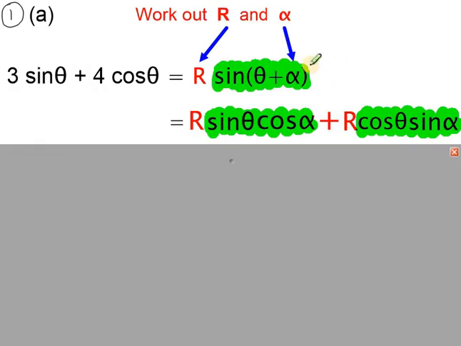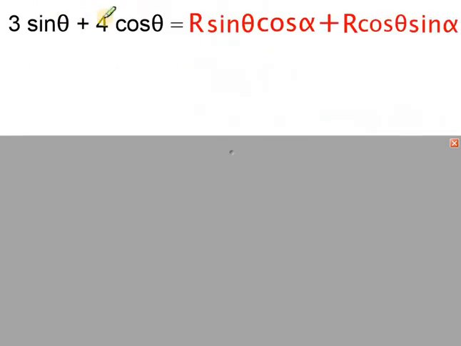So using the formula and expanding this, we've got these terms in green, but we were multiplying by r, so we have to multiply both of these with r. On each side we have a sine theta term there, and we have a cos theta term there.